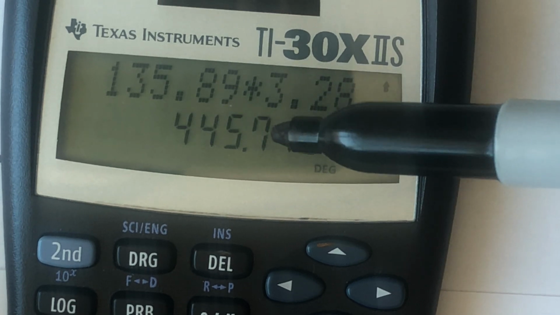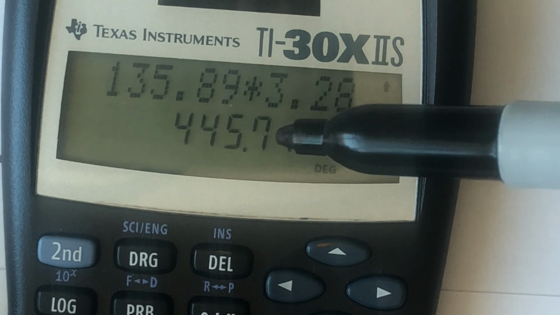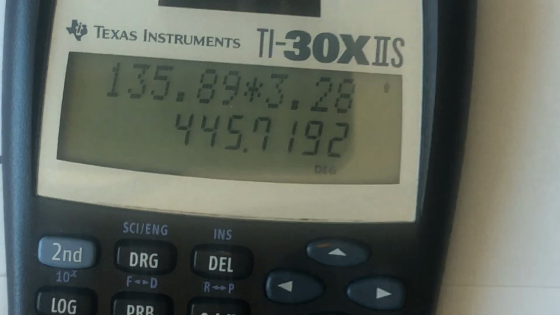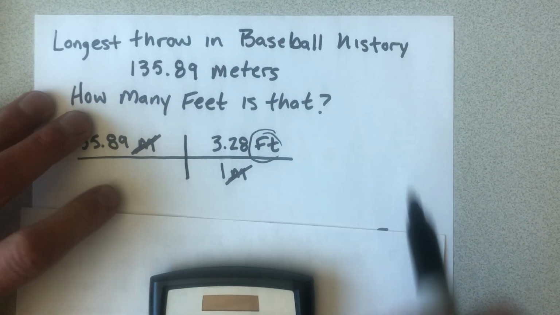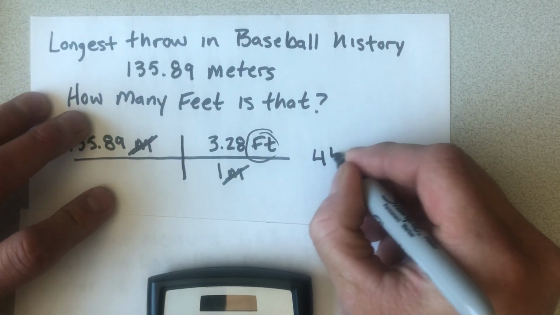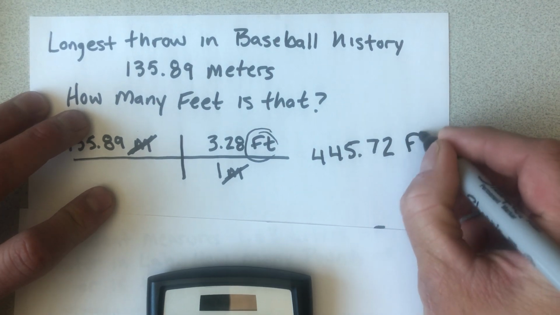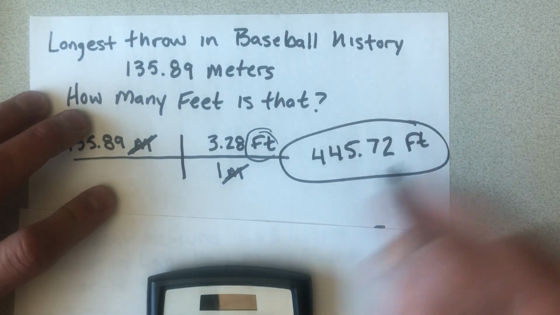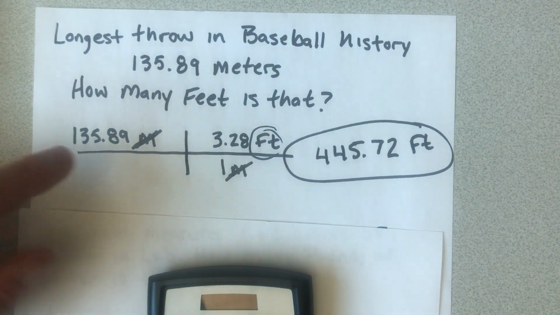It's those first 3 and the 7 and the 9, and then how does that 2 affect the 9? Turns it into a 2, right? So our final answer, our final rounded answer is 445.72 feet. Okay? So that's an example if you have a measured number, which lots of times you will.